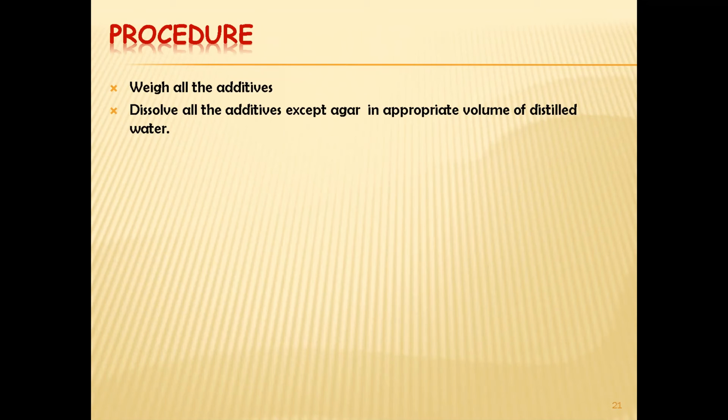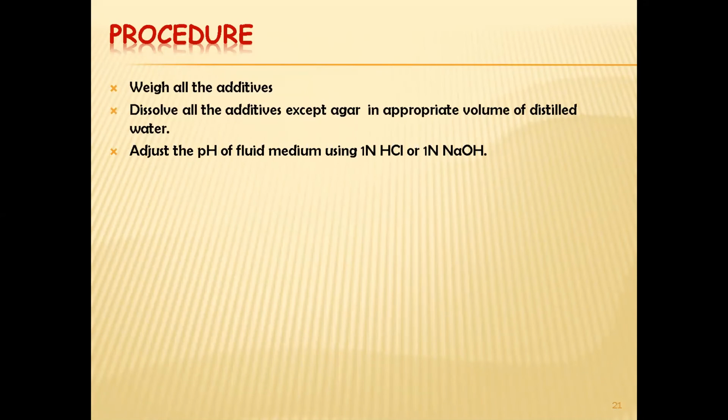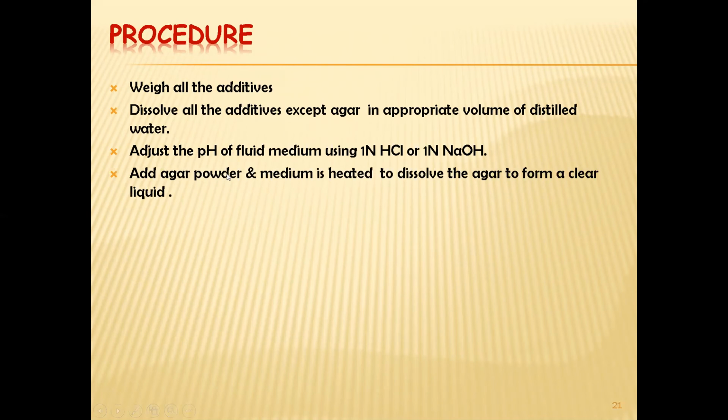Likewise we have calculated the quantities and then added them in 200 ml of distilled water. Then adjust the pH using 1 normal HCl or 1 normal NaOH. Add agar powder and the medium is heated to dissolve the agar to form a clear liquid.